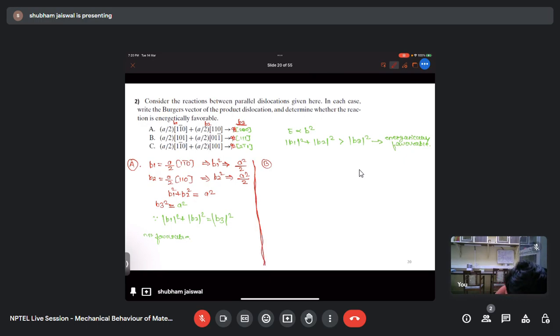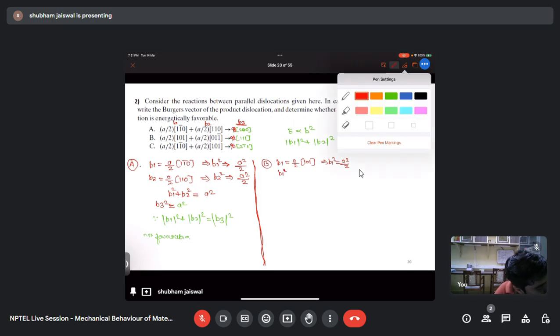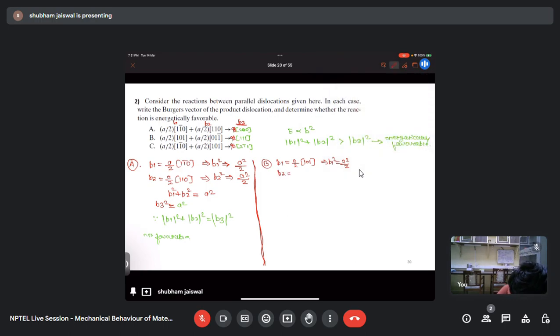So for B, b1 is a by 2, 1, 0, 1, and b1 square is a square by 2. Similarly, b2 is a by 2, 0, 1, 1. So b2 square is also a square by 2. So b1 square plus b2 square equals a square.